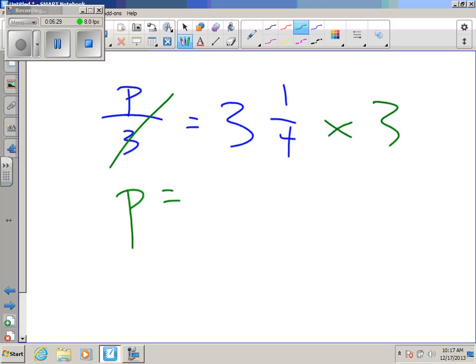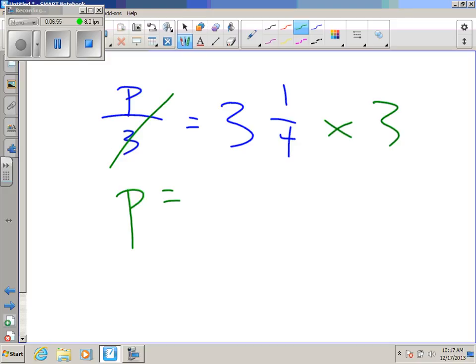When I multiply, everything has to be in fraction form. See, you got a decimal because you didn't want to work with 1/4. You chose to work with, what's 1/4 as a decimal? 0.25. How many quarters in a dollar, right?